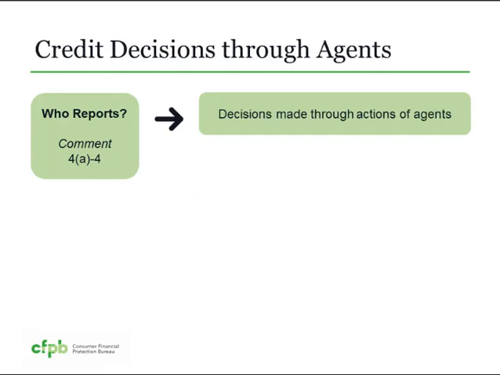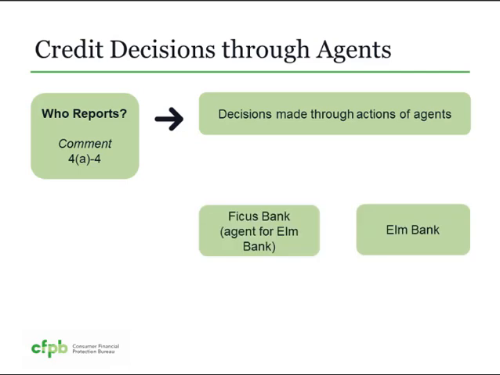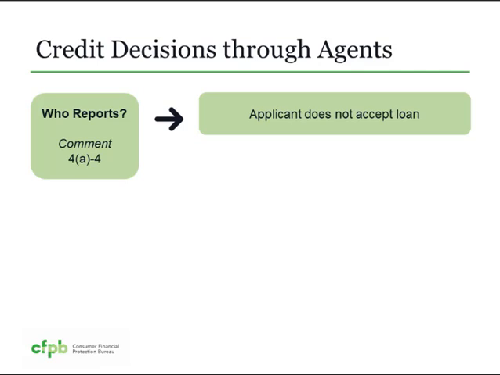If an institution made the credit decision through the actions of an agent as defined by state law, the institution reports the application or origination. For example, Ficus Bank, acting as Elm Bank's agent, receives an application for a closed-end mortgage loan and makes a credit decision approving the loan. The applicant does not, however, accept the loan.